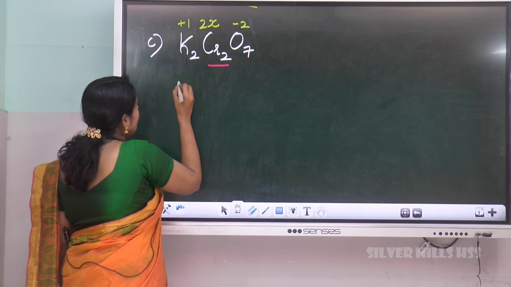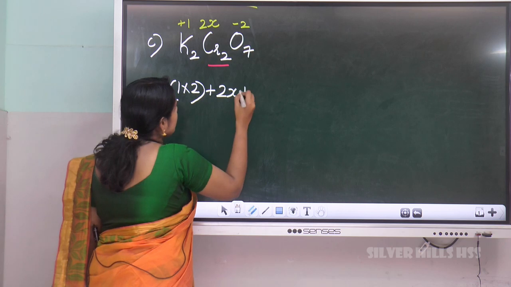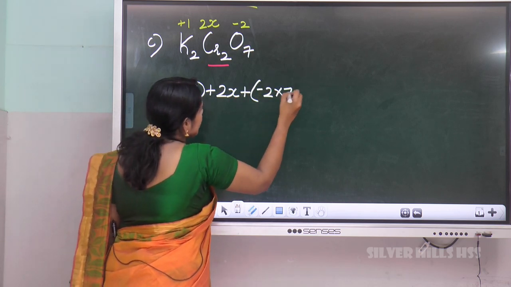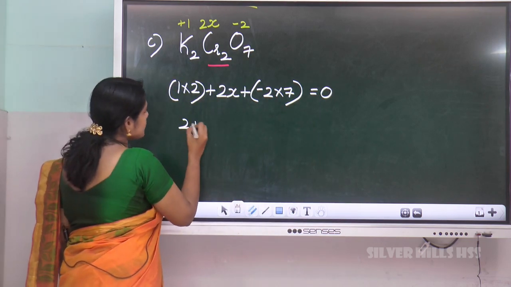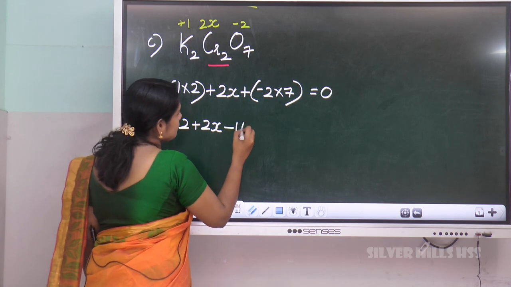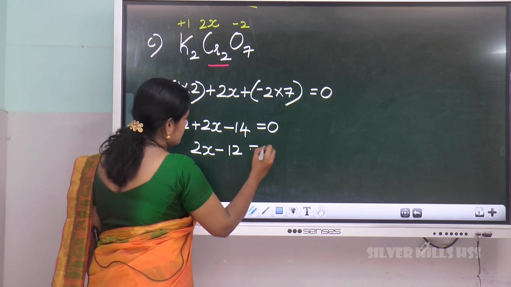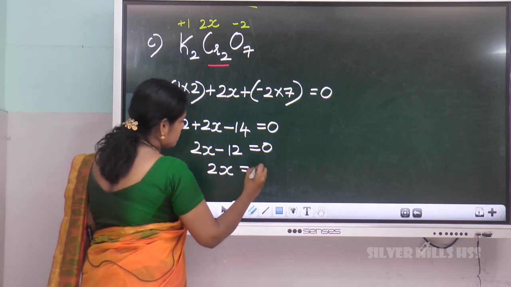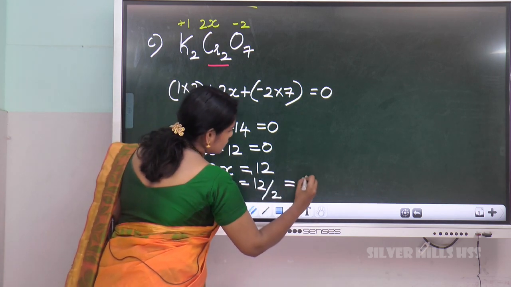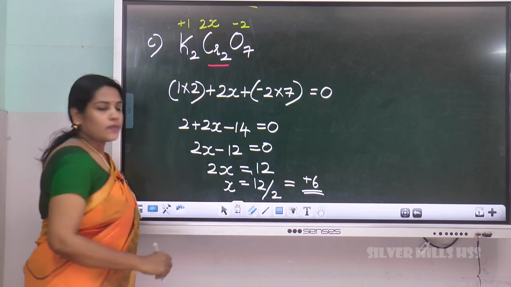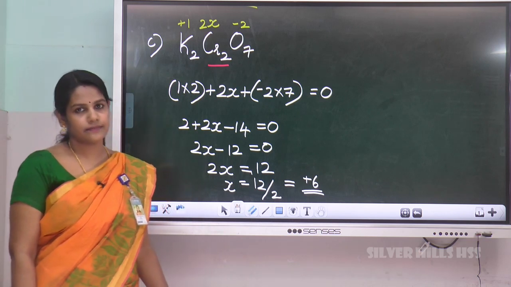So here we have 1 into 2 plus 2X plus -2 into 7 is equal to 0. Then 2 plus 2X minus 14 is equal to 0. 2X minus 12 is equal to 0. 2X is equal to 12 and X is equal to 12 by 2, that is equal to 6. So the oxidation number for one single chromium is +6.